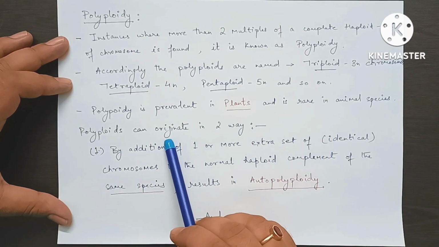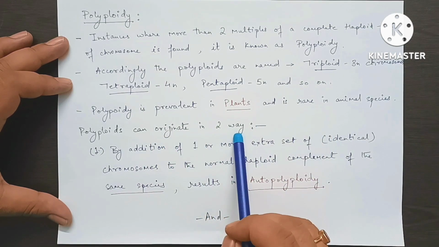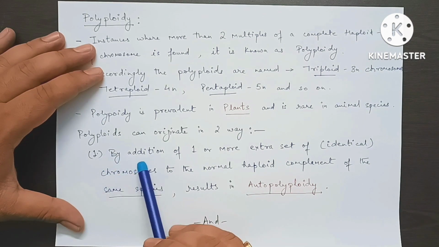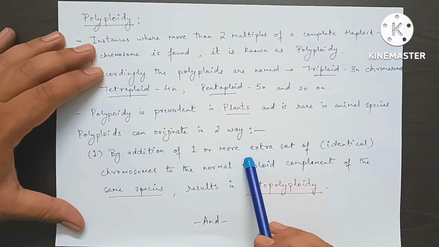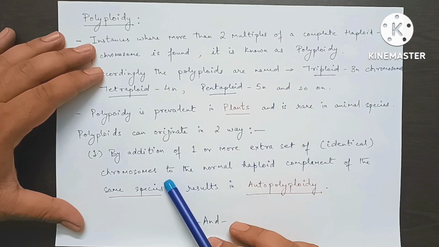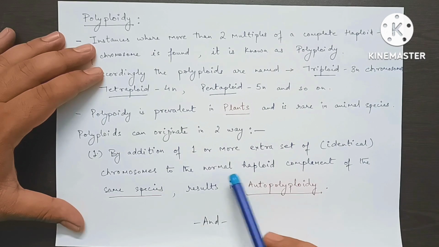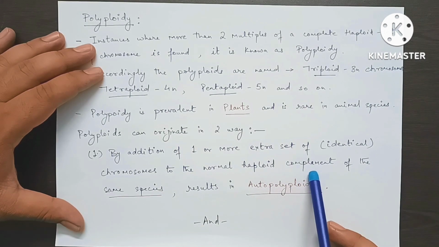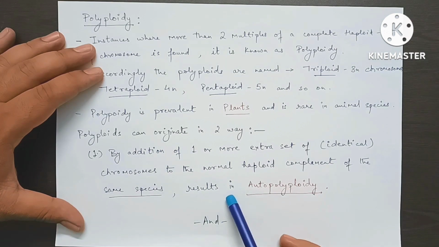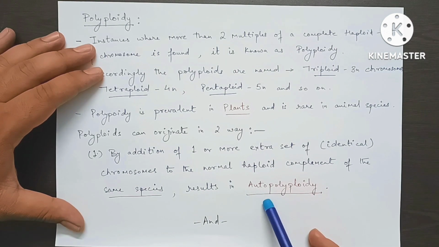Polyploids can originate in following two ways. First, by addition of one or more extra set of identical chromosomes to the normal haploid complement of the same species results in autopolyploidy.